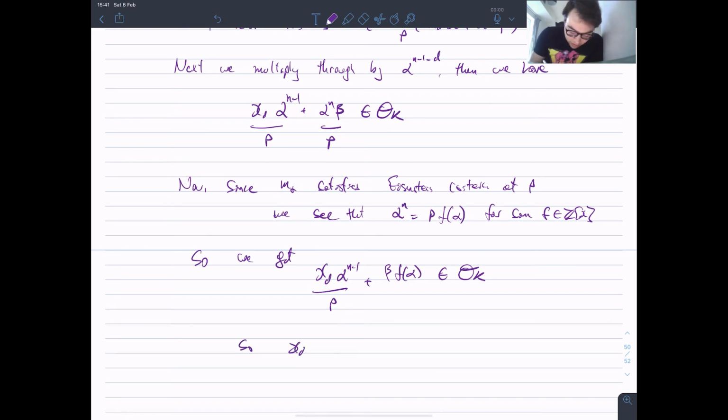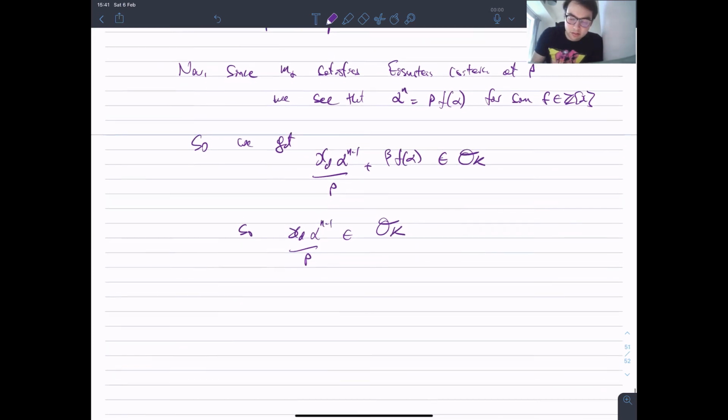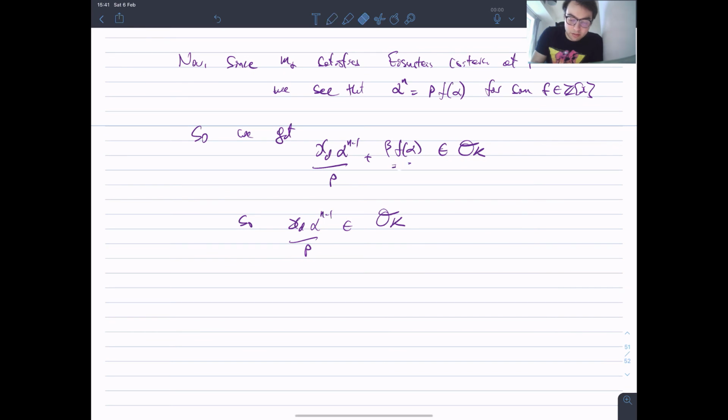So this means that x_d alpha to the n minus 1 over p is an algebraic integer. If I have the sum of two things and one of them is an algebraic integer, I can subtract it, and now this has to be an algebraic integer. And let's now just compute the norm of this. So the norm from K to Q of x_d alpha to the n minus 1 over p.